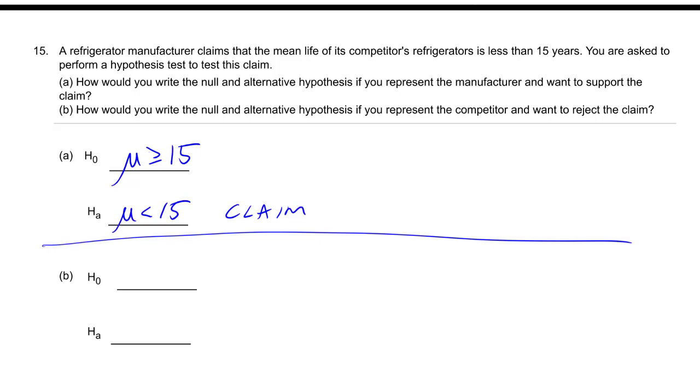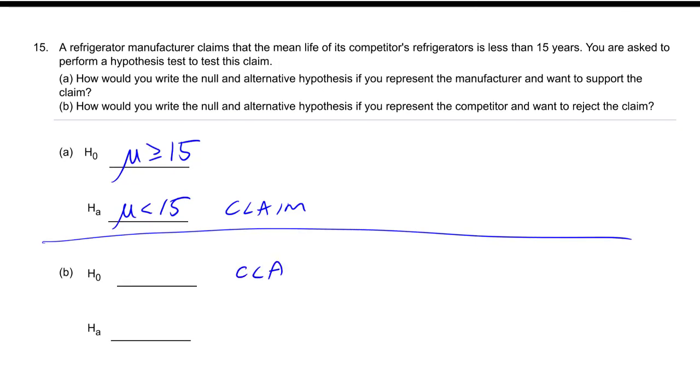If I wanted to reject the claim, the claim would have to be in the null hypothesis. The null needs the equals, so mu less than or equal to 15, and mu greater than 15 is the alternative.